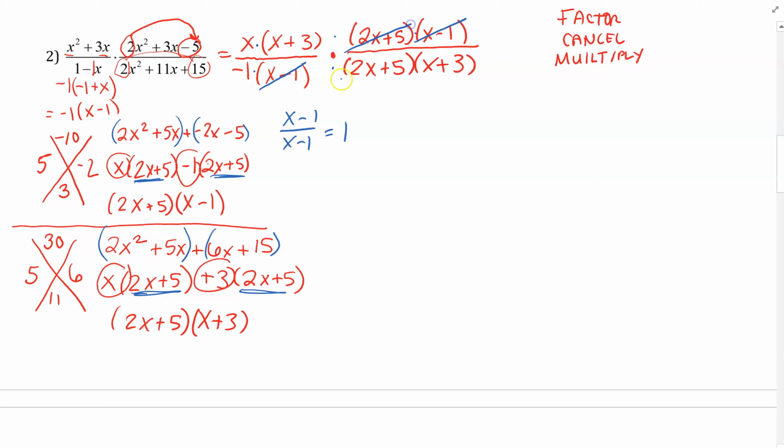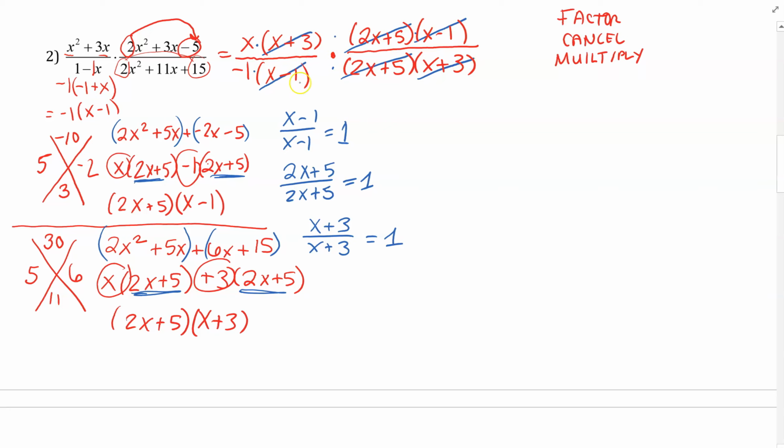I see 2x plus 5s can cancel out because dividing an identical quantity by itself will leave behind just the factor of 1. And then x plus 3 divided by x plus 3 can also reduce to equal 1. So 3 identical quantities were being multiplied on the top and then divided on the bottom.